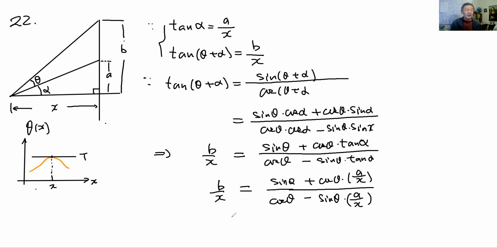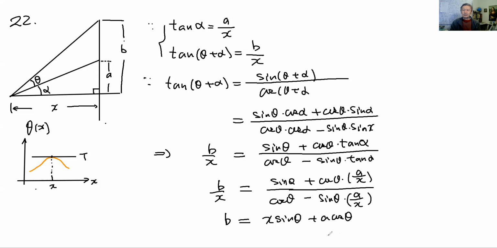No, it doesn't matter, at most it's explicit. Multiplying by x simplifies this part, and there will still be an x left: x sine theta plus a cosine theta.